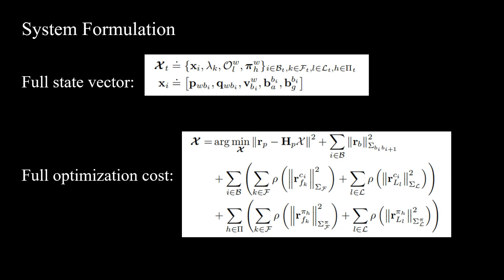We optimize all the state variables in the sliding window by minimizing the sum of cost terms from all the measurement residuals. The first two terms are the prior residual and IMU measurement residuals. The second is the projection residual of point and line features. The last contains the point-on-plane residual and line-on-plane residuals.